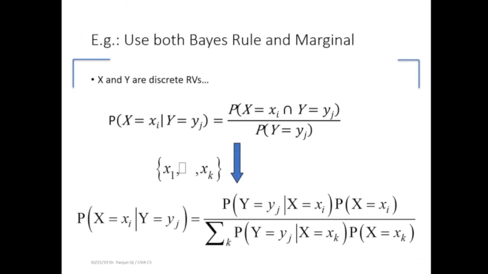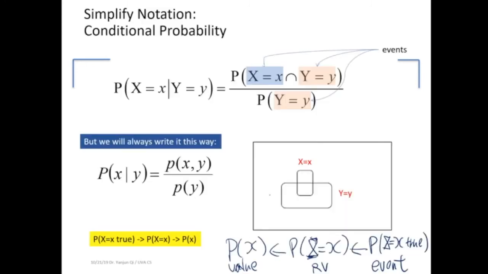So next I'm going to show you more concrete values, and then you decompose this marginal using the total law of probability when you have not just two cases, but k cases. So this is like the total probability of x equal to x_k. You have to calculate that joint probability with y equal to y_j, coupled with x equal to x1, x2, up to xk.